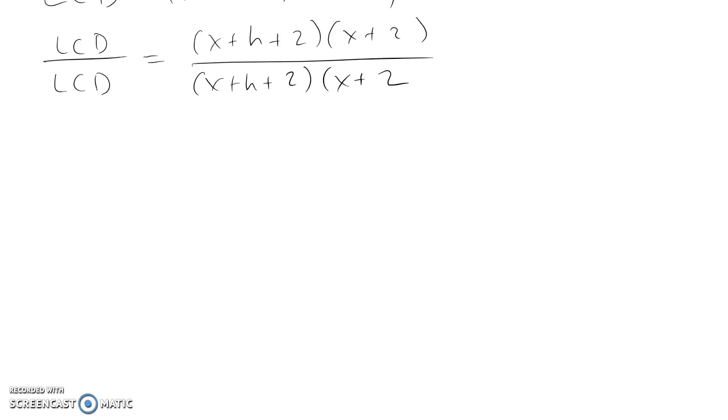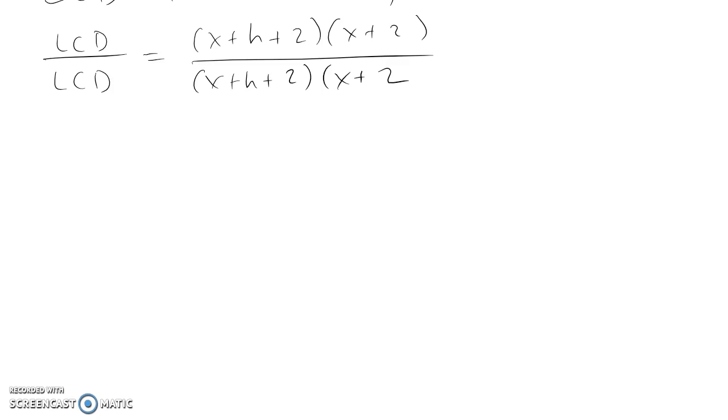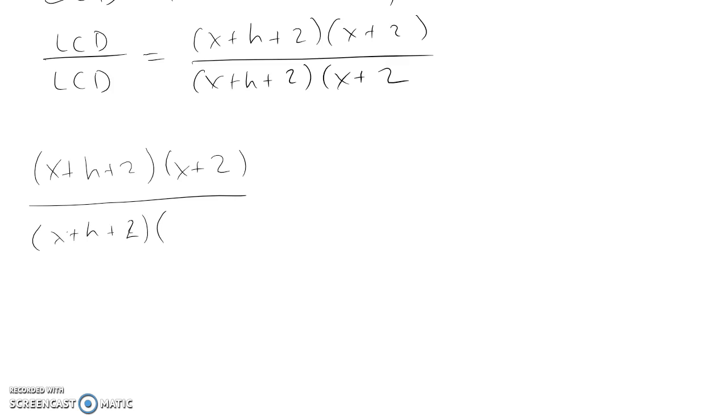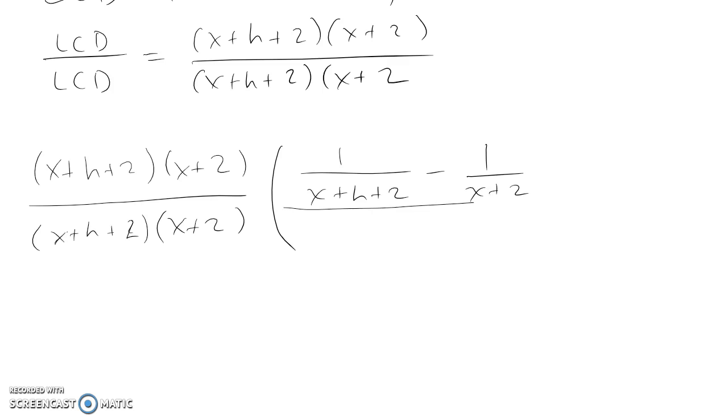Okay, so I'm going to take my LCD over my LCD, x plus h plus 2 times x plus 2 all over x plus h plus 2 times x plus 2, which is equal to 1 whole. And I'm going to multiply it by 1 over x plus h plus 2 minus 1 over x plus 2 all over h.